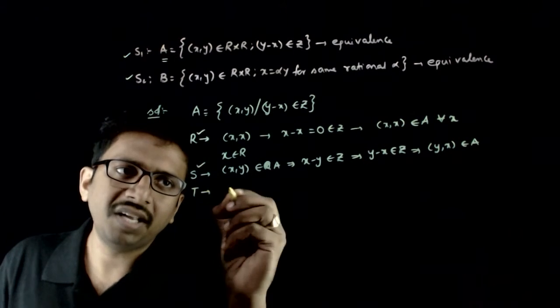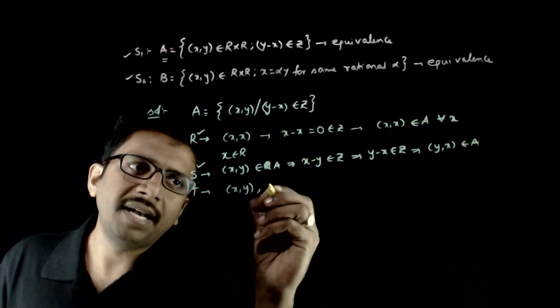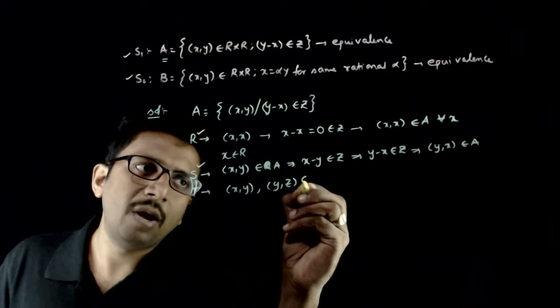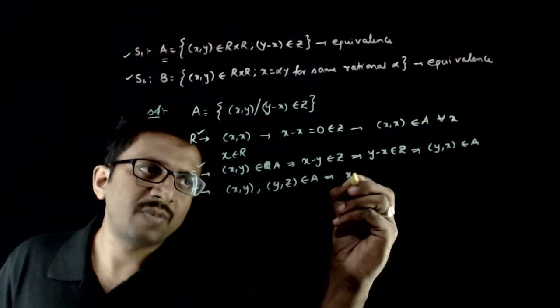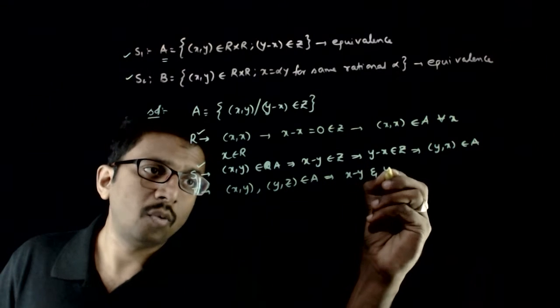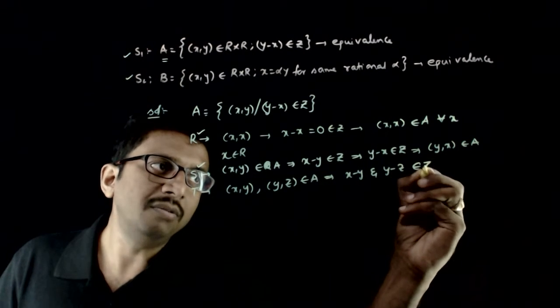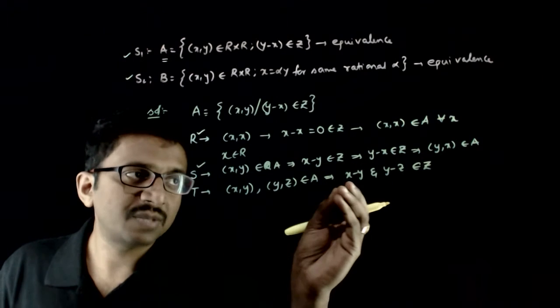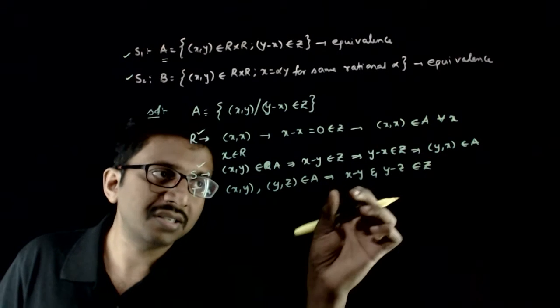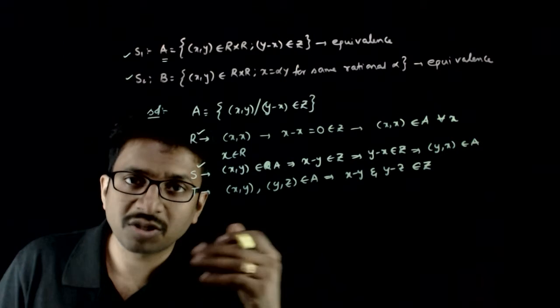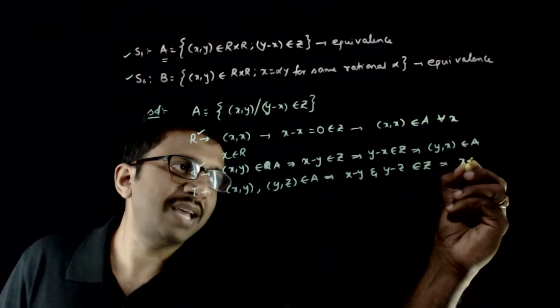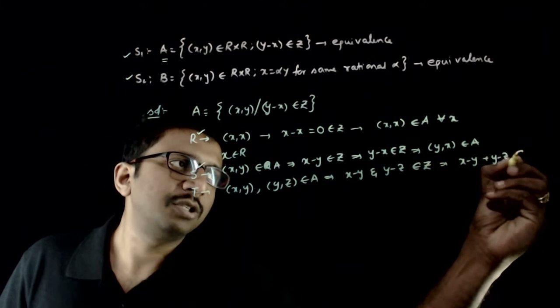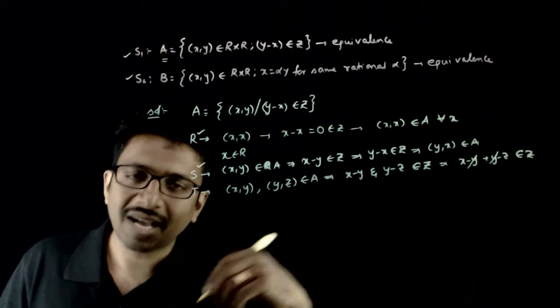If you go for transitivity, (x, y) and (y, z) belonging to A implies x minus y and y minus z both belong to the integers. The sum of these two should also belong to the integers. This implies x minus y plus y minus z belongs to the integers. The y's get cancelled.